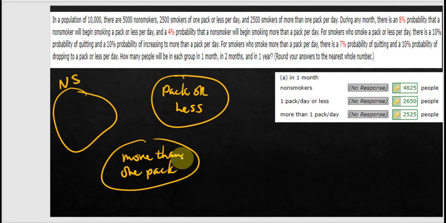All right. So it says during any month there is an 8% probability that a non-smoker will begin smoking a pack or less. So it's a non-smoker going to a pack or less, that's 0.08.